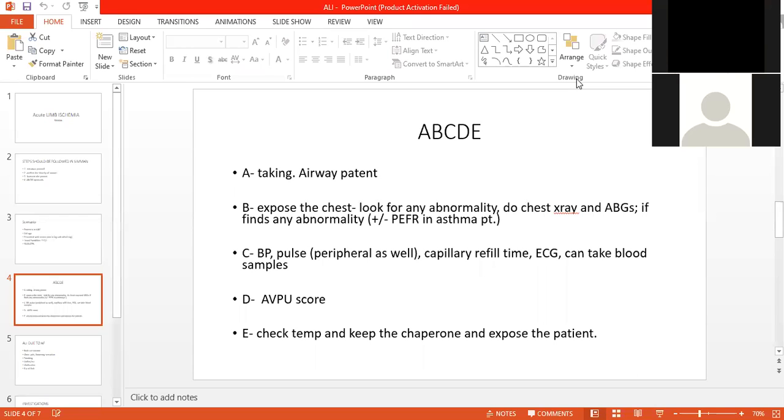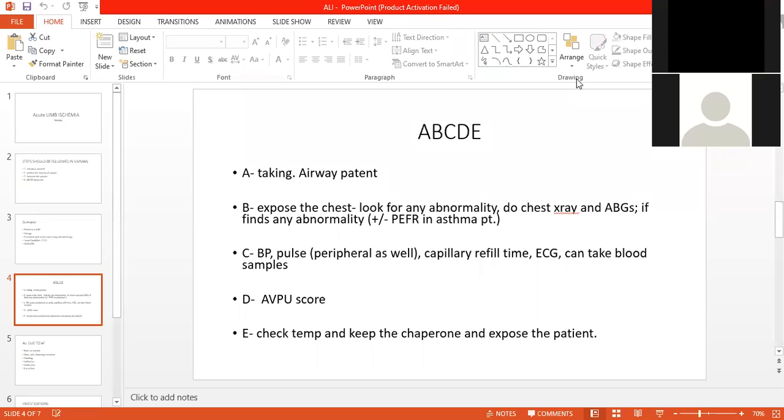All these findings you need to tell the patient: "Your leg is cold. I can see there is some discoloration. It's a little bit blue or paler, and I'm unable to appreciate your pulses, and it's cold." So these are the things that you need to do in ALI.